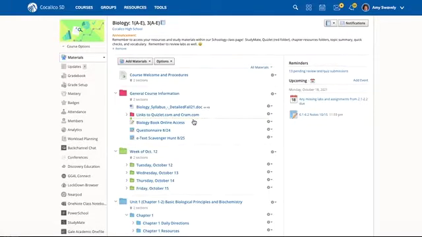So if a student were to go to Quizlet.com and type cacalico, the plus sign, and biology, they would get all of our vocabulary terms by chapter. They could play flashcards, games, they could print them out. It's a really good study tool. I have in here the syllabus that I will share next.